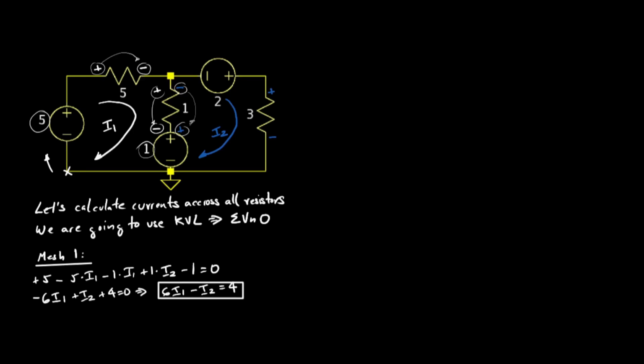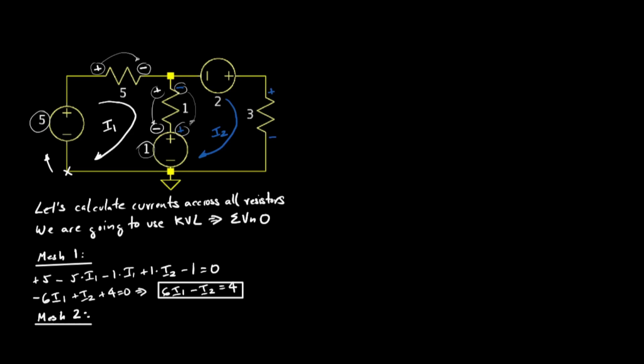And as I'm going from minus to plus, I see that this is a voltage rise. So I'm going to take into account voltage rises as positive and voltage drops as negative.